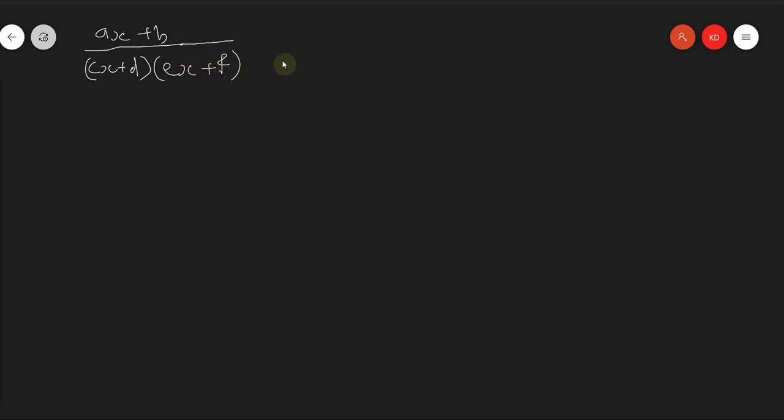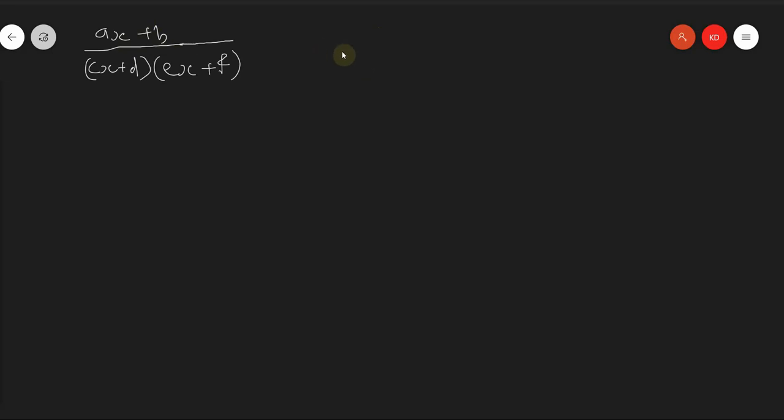Now this fraction, as you can see, the numerator is ax plus b and the denominator is a product of two linear factors. Factors are cx plus d and ex plus f. Right, and as you can see, we aren't able to cancel anything with the numerator and the denominator, so let's try to go ahead and separate this.